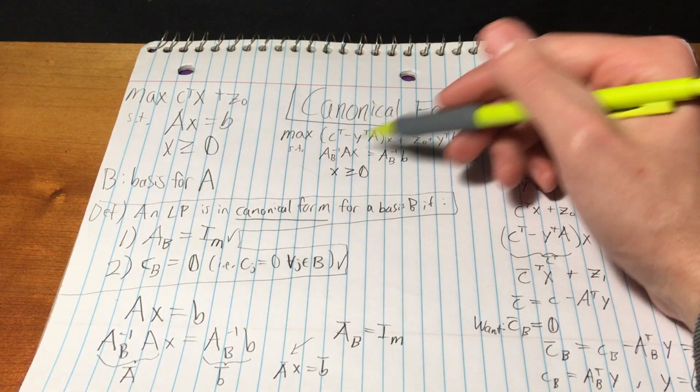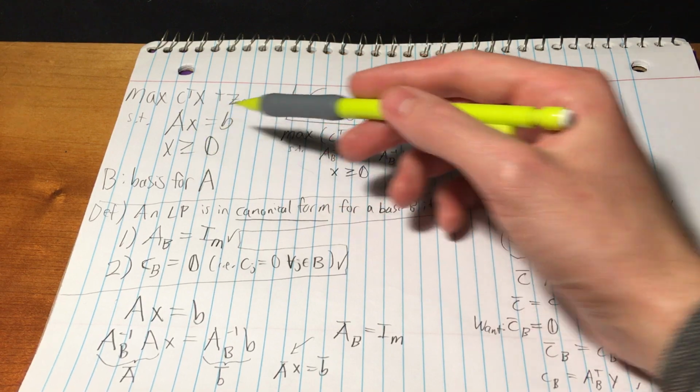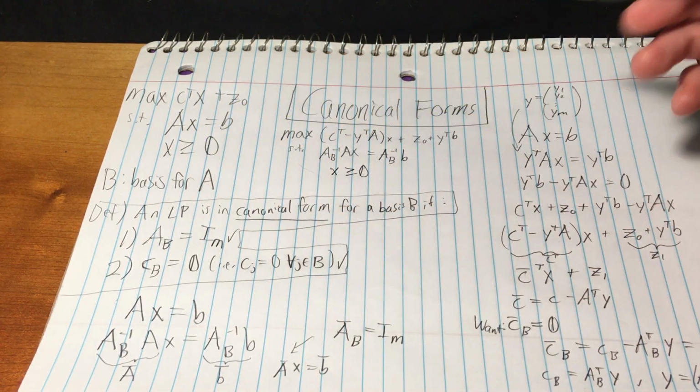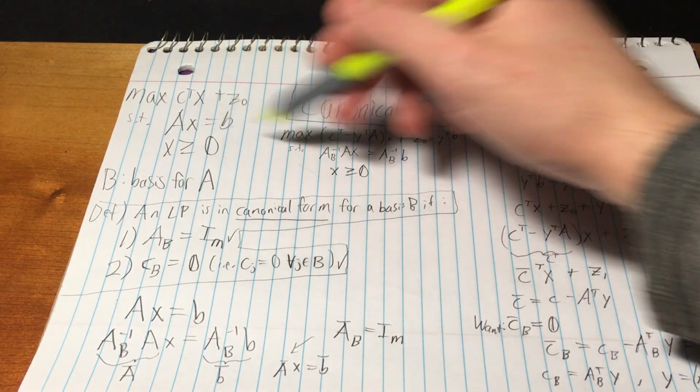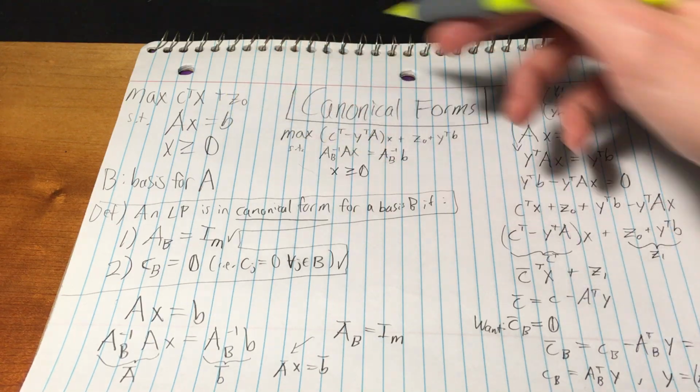And this is equivalent to the original linear program. This is the same objective function, and this is an equivalent system of constraints here.